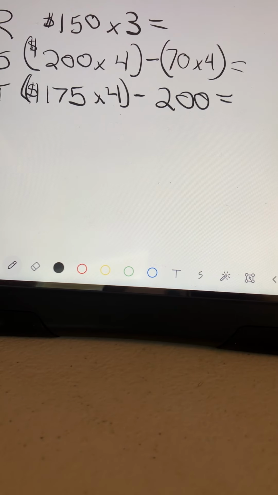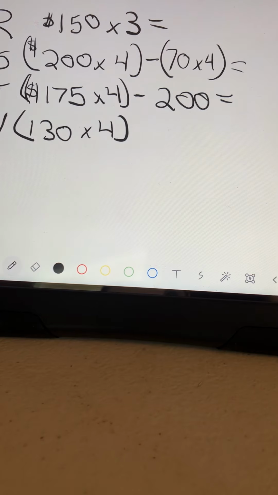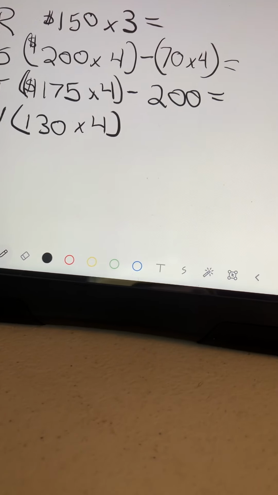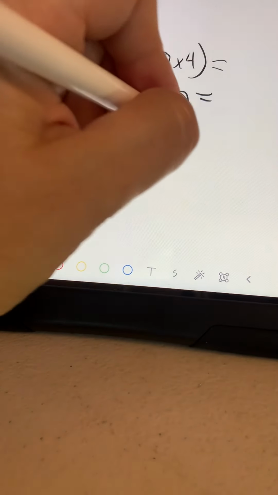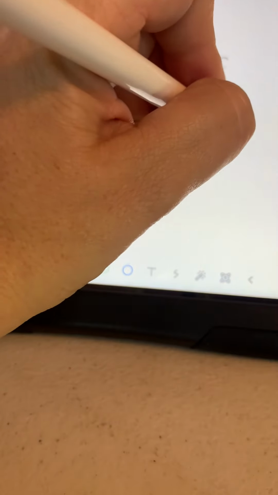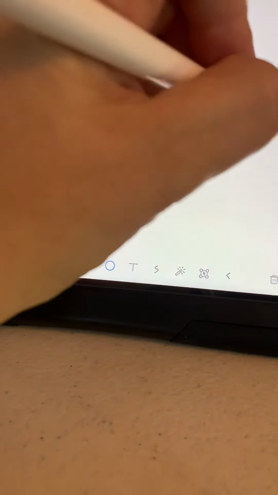And then V, 130 per tire, so times 4, and you receive 10% off the total price. So you'll take this total price, what you get here, times 10%, and you're going to subtract that.